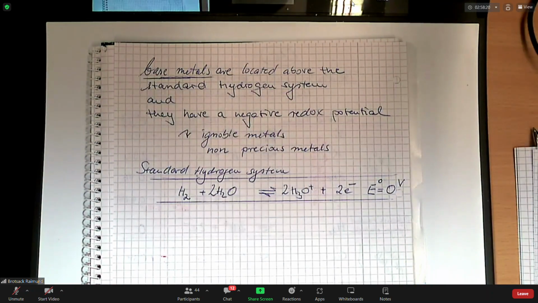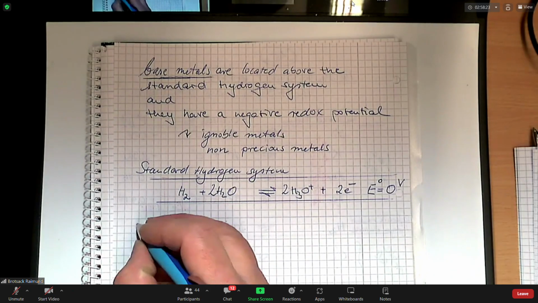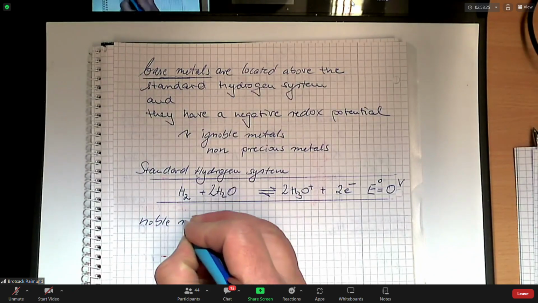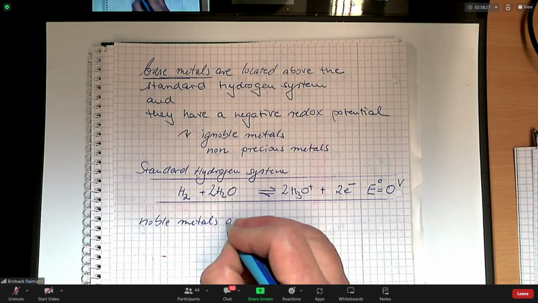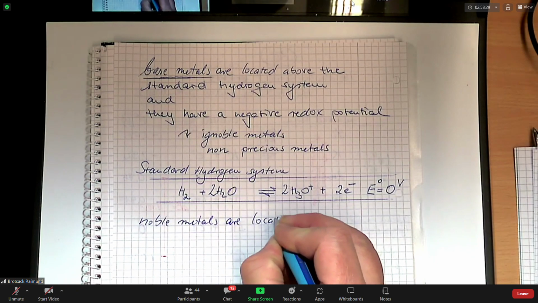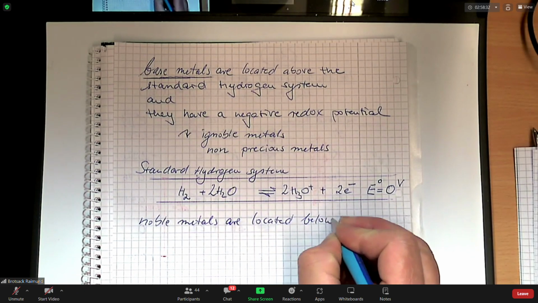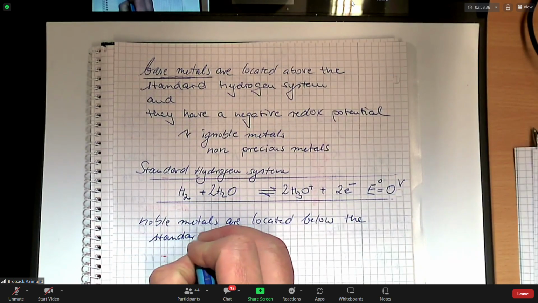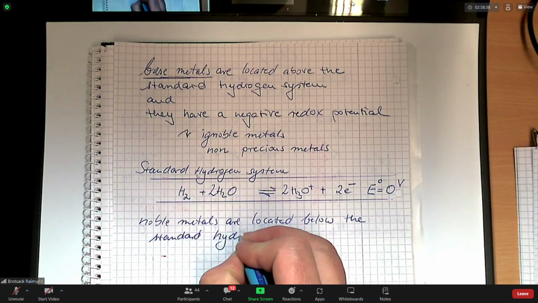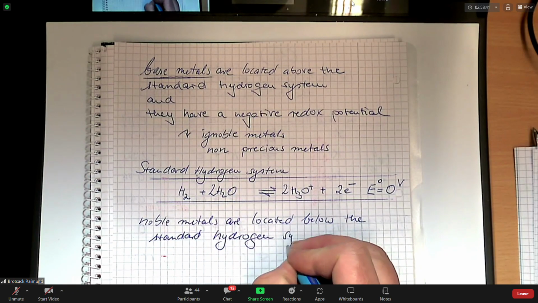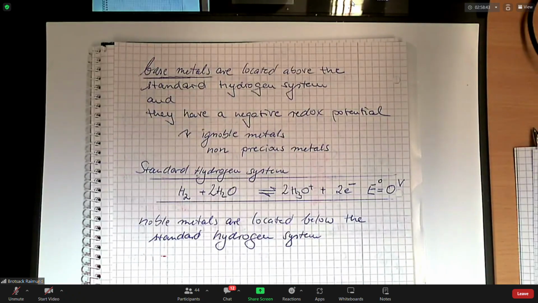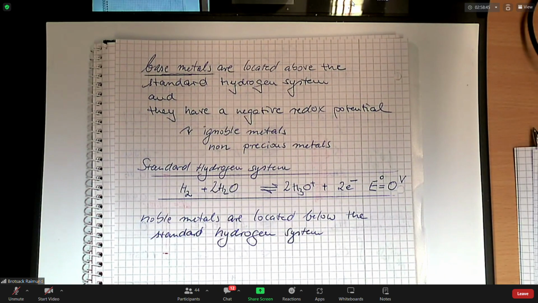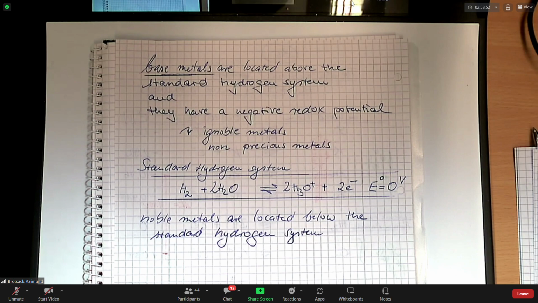Noble metals are located below the standard hydrogen system, and they have a positive redox potential.